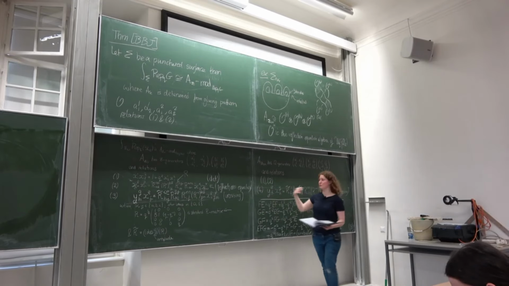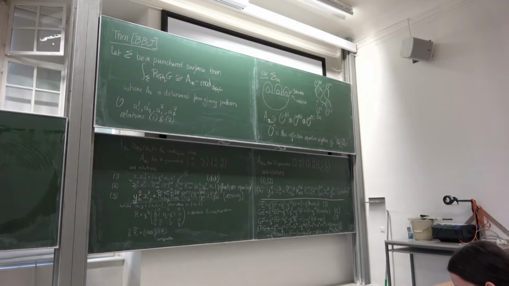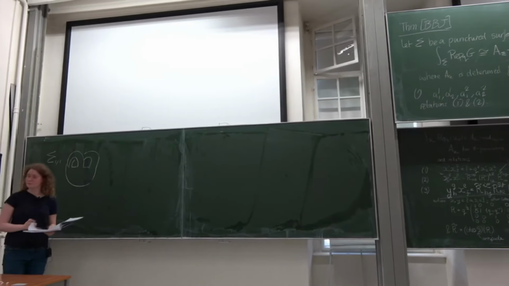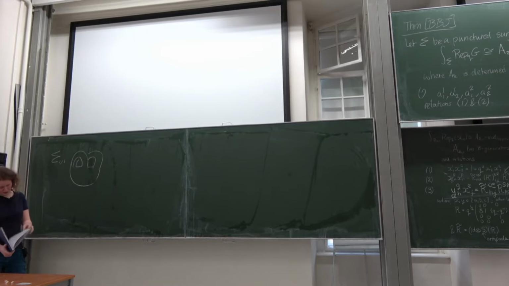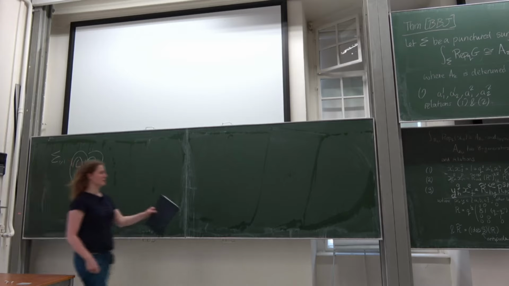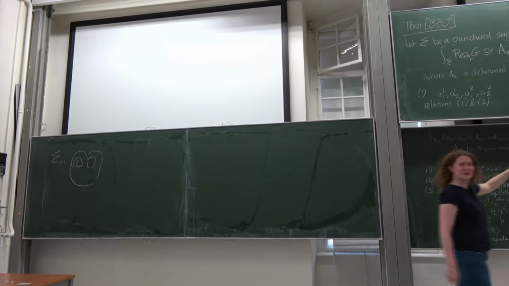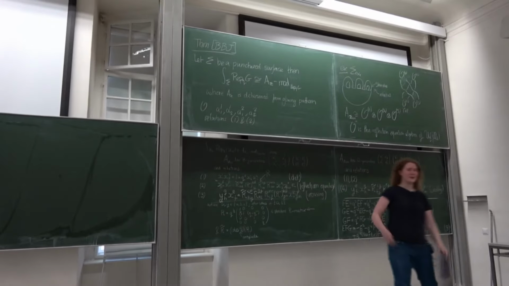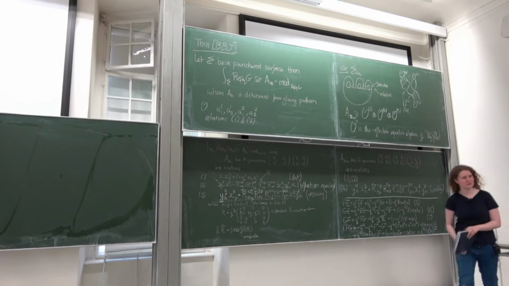So the number of handles determines the number of copies of the reflection equation algebra, and how the handles interact with each other determines the crossing relation. And the other thing to note about this algebra is it's rather large, or both of them are. This one has 8 generators, and that one has 12, and it has a whole load of relations.